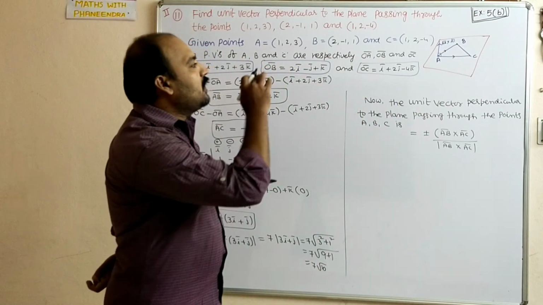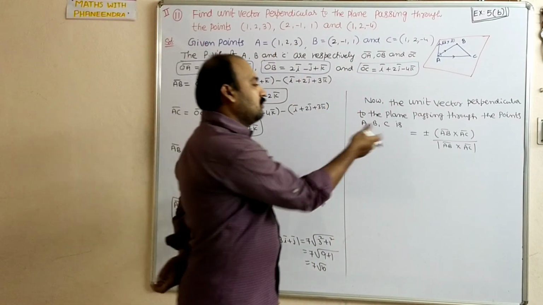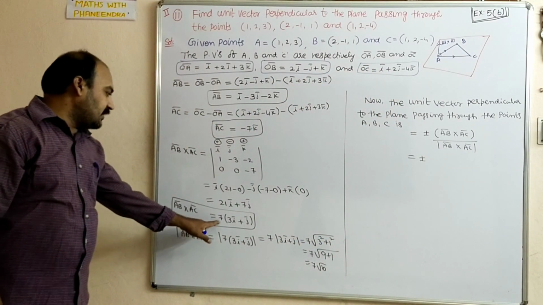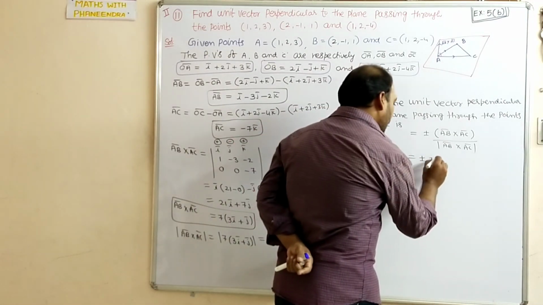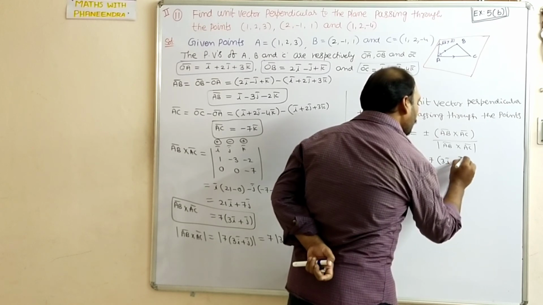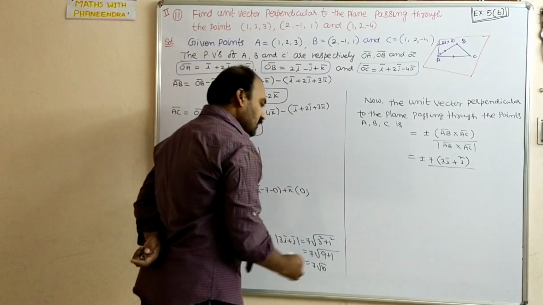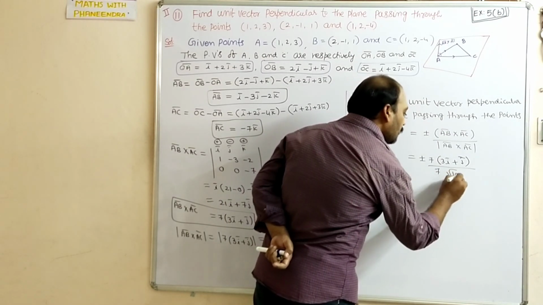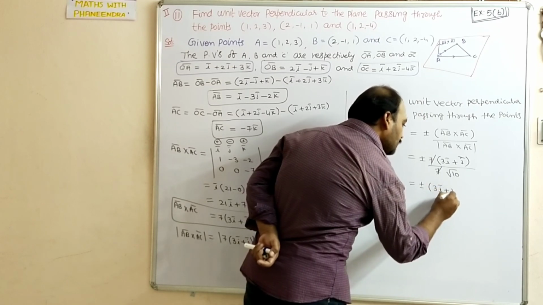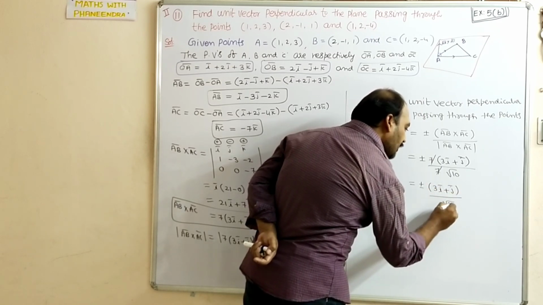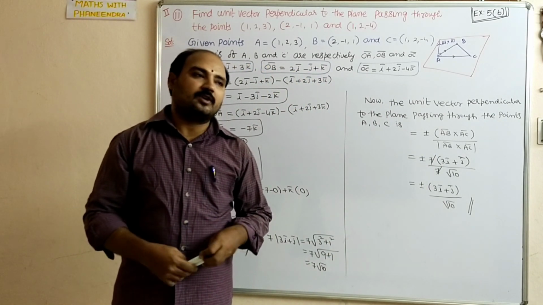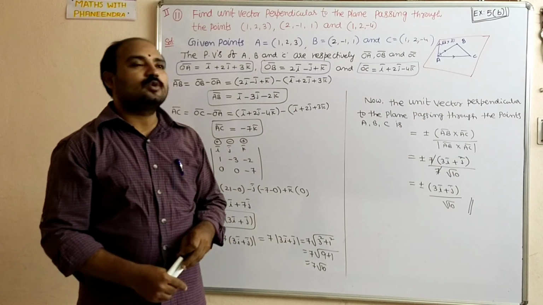Suppose if you are assuming PQR, then PQ cross PR bar, that's all. It is equal to plus or minus 7 times (3i plus j) divided by 7 root 10. So 7 gets cancelled, which is equal to plus or minus (3i plus j) by root 10, which is the required unit vector perpendicular to the given plane passing through these points.